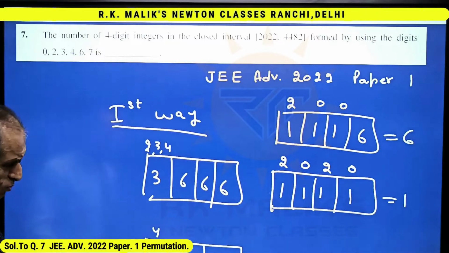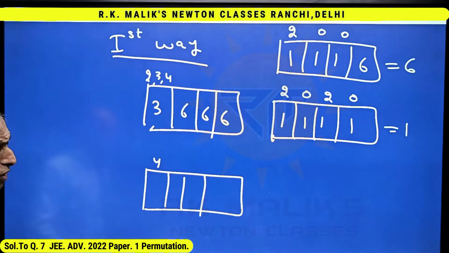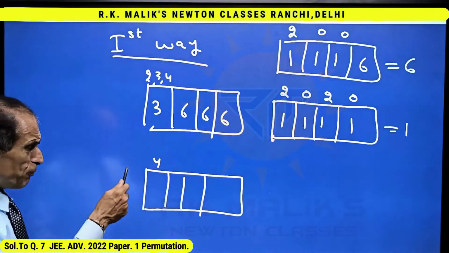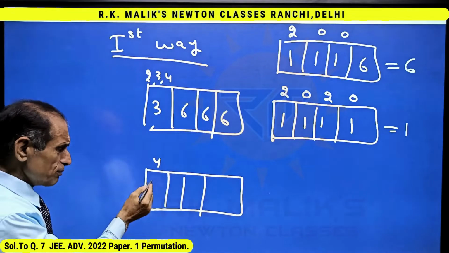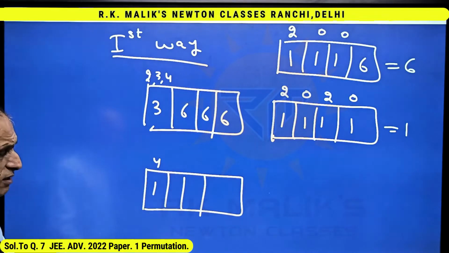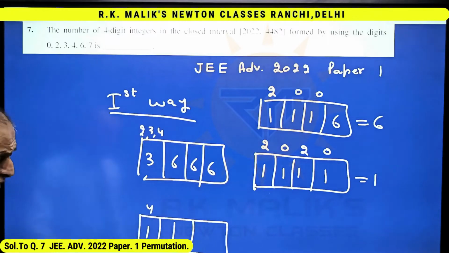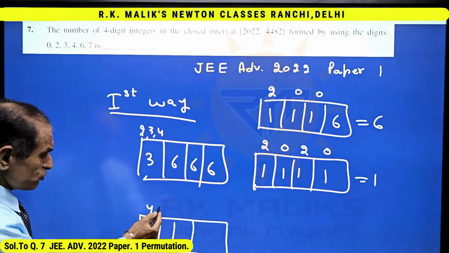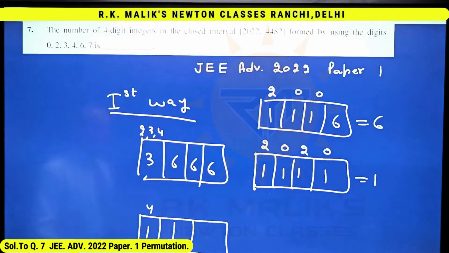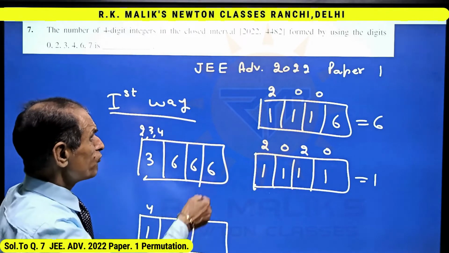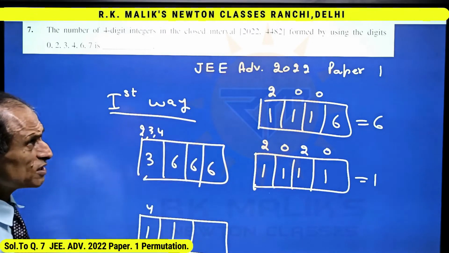in the first place. For the number to be more than 4482, the only possibility is 4 should come in the first place. And out of 4, 6 and 7, anyone can come here. But if 6 or 7 comes here, then the number formed will be surely more than this.